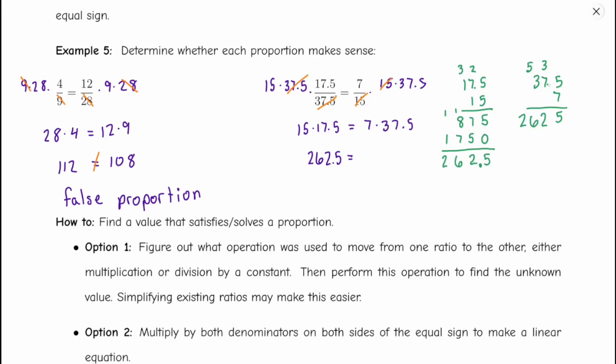Again, since the 37.5 has 1 decimal place and the 7 has 0, our answer should have 1. So the right-hand side comes out to be 262.5 as well. So this does equal, so this is a true proportion.